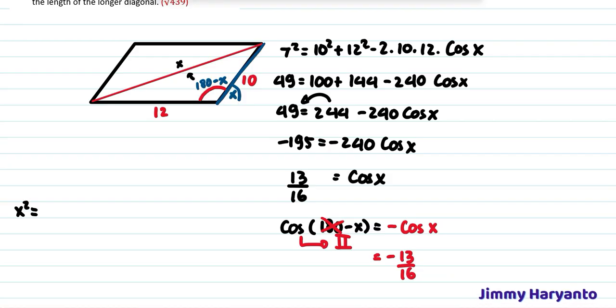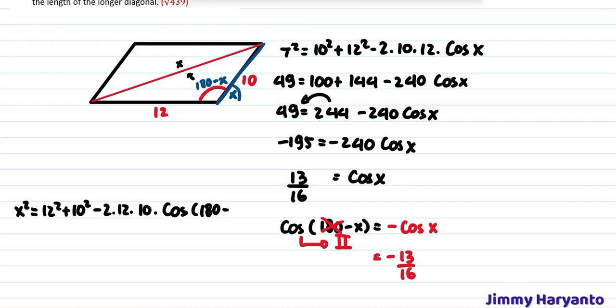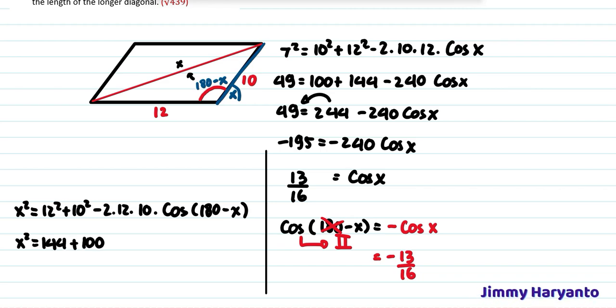So x squared equals 12 squared plus 10 squared minus 2 times 12 times 10 times cos of the angle, and the angle is 180 minus x. Okay, let's calculate this. So we have 144 plus 100 minus 240 times the value of the cos, which is negative 13 over 16.